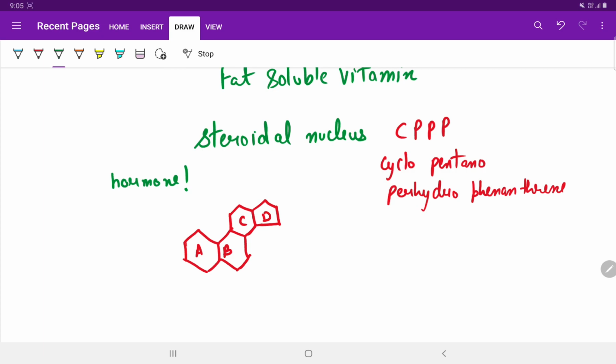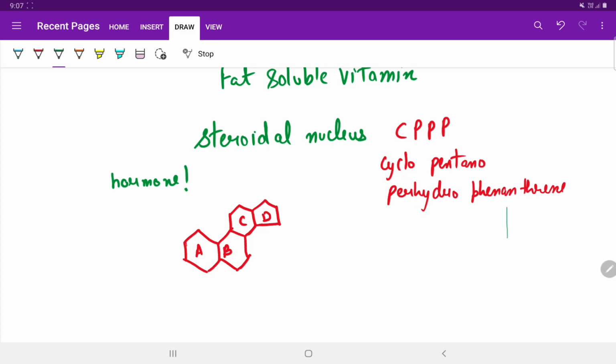So first of all, how does the formation occur? It's basically formed from ergosterol in plants. It starts from ergosterol and leads to formation of a provitamin form known as ergocalciferol, that is vitamin D2.